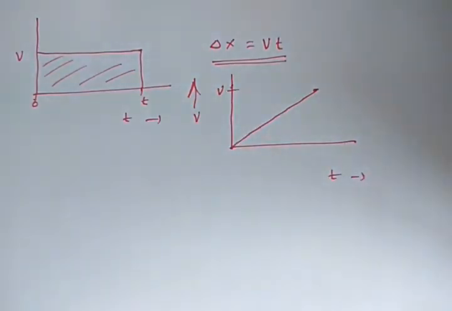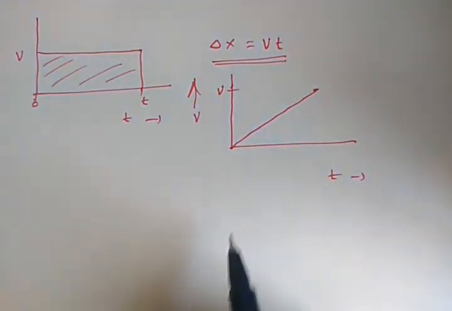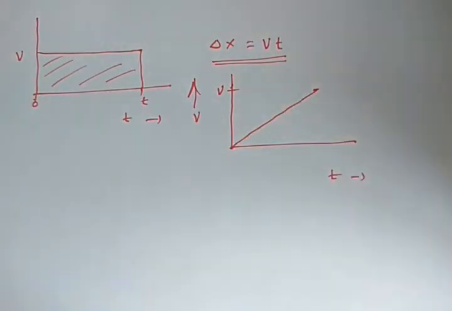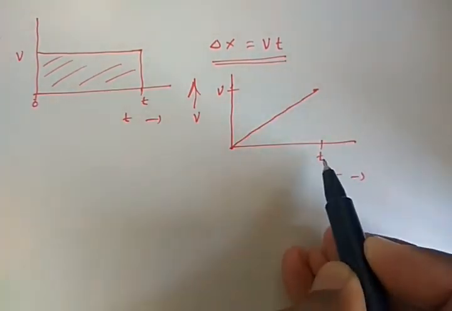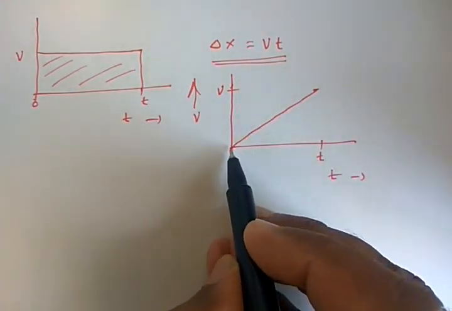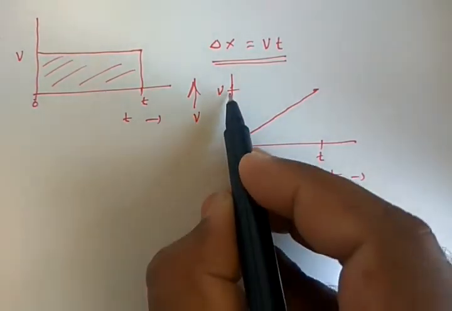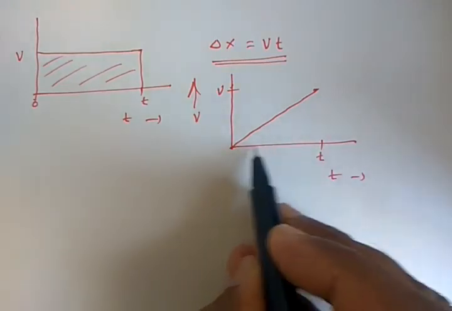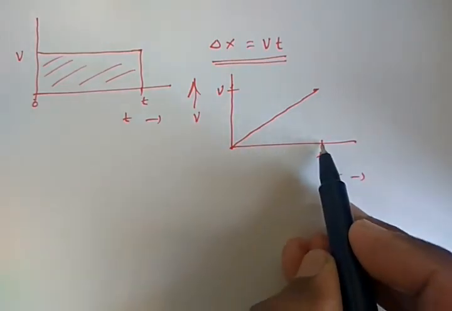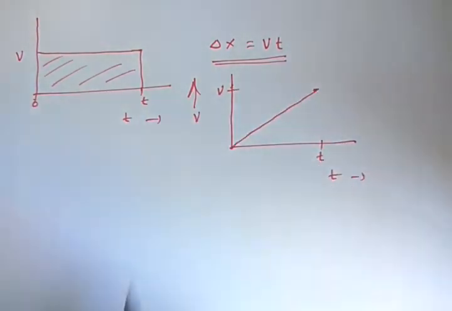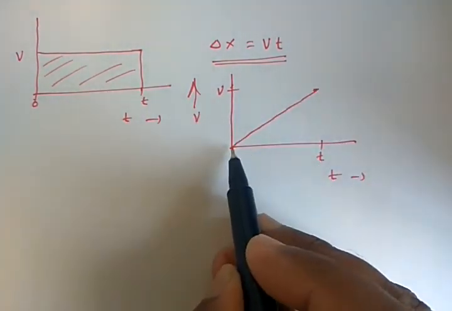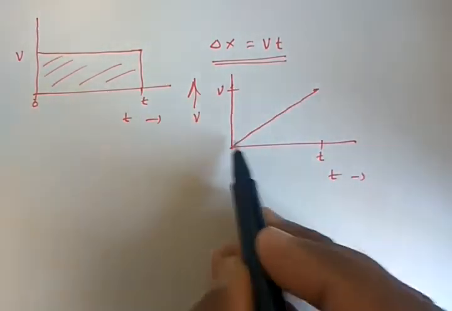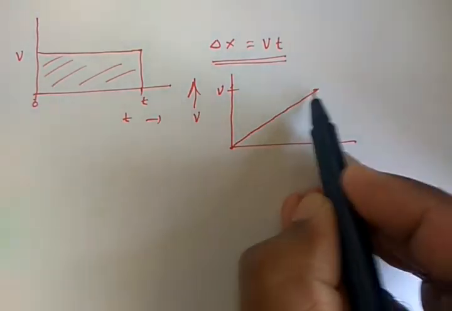Now what is the change in position of the body if velocity of the body is changing like this? Maybe this is time t. It is starting from 0 velocity. As time goes on, velocity is also increasing. When time is t, the body has acquired velocity v.